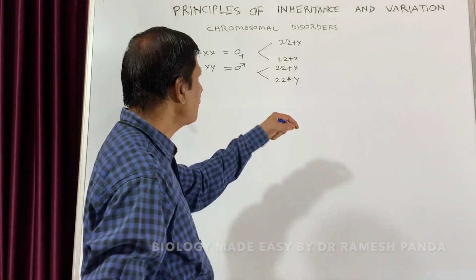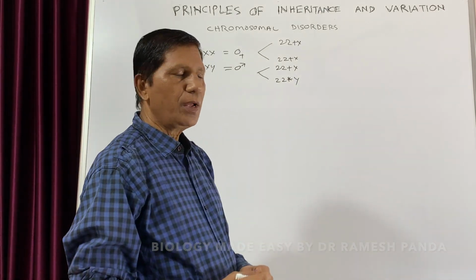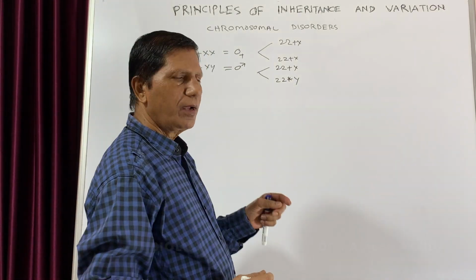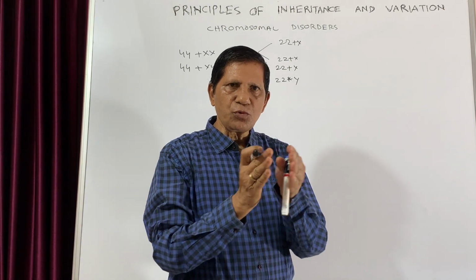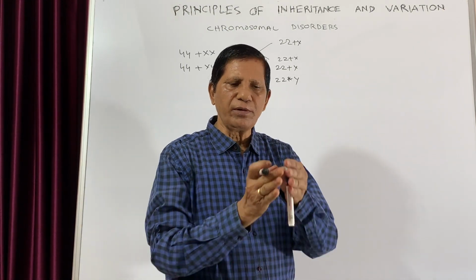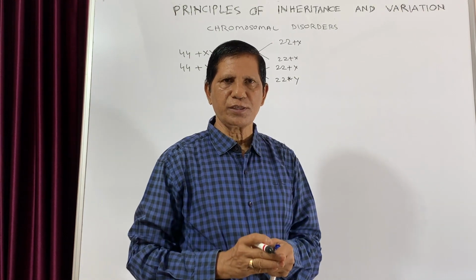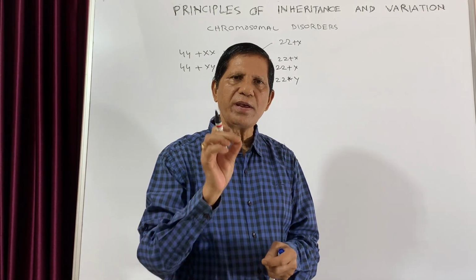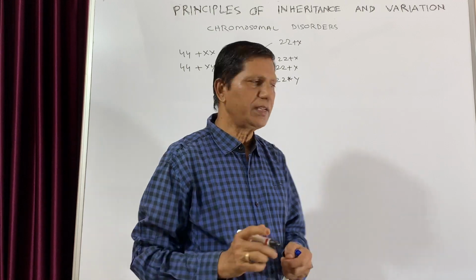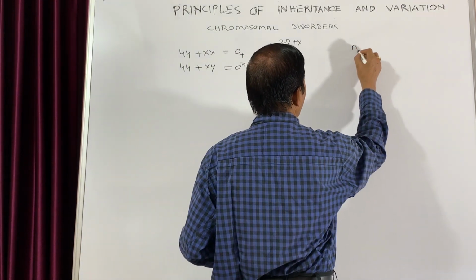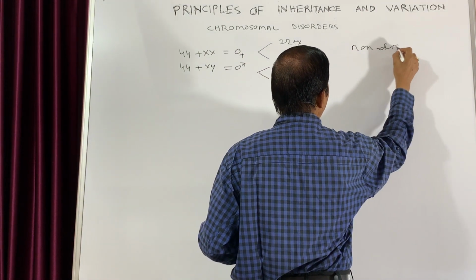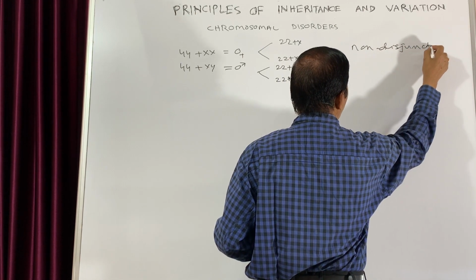But sometimes during meiosis 1 and meiosis 2, during anaphase, there is a separation of the chromosomes. Suppose a pair of chromosomes does not separate, there will be non-disjunction. That means there will be no separation.